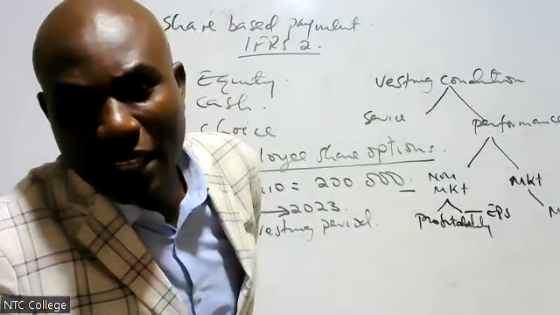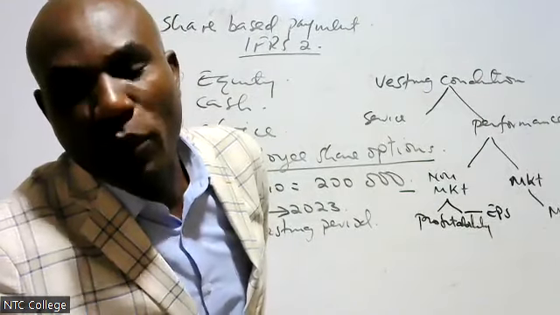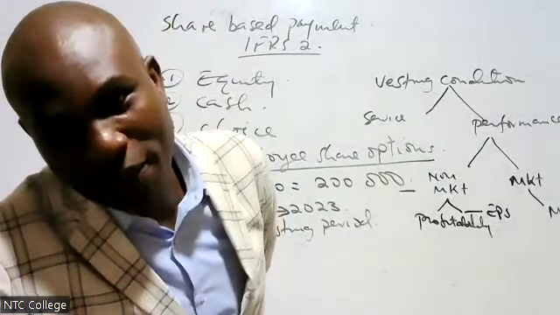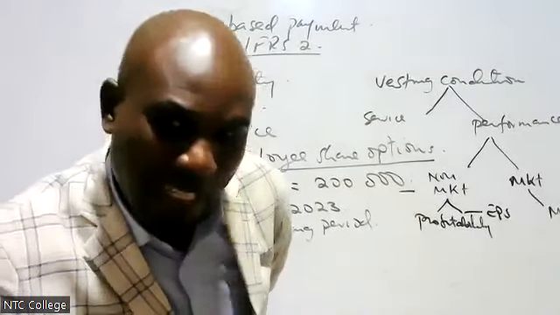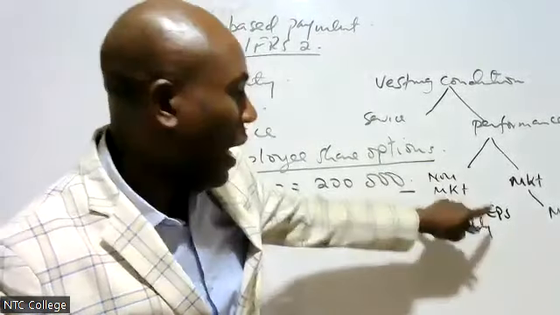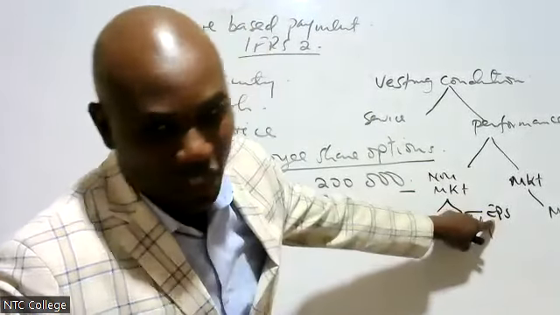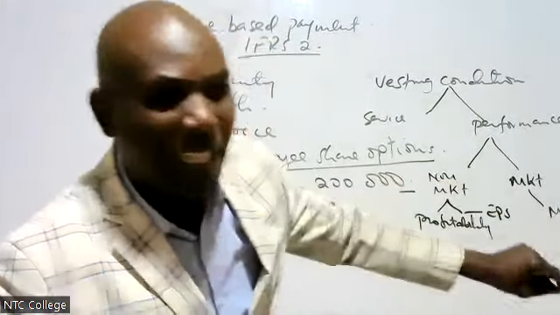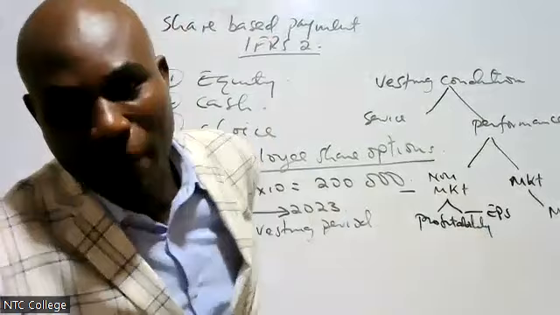Non-market, I am confusing the two. We have two, non-market and market. Now, Florence, listen. Non-market deals with profitability and EPS, earnings per share of the company. When we go to market condition, it deals with the market price per share.